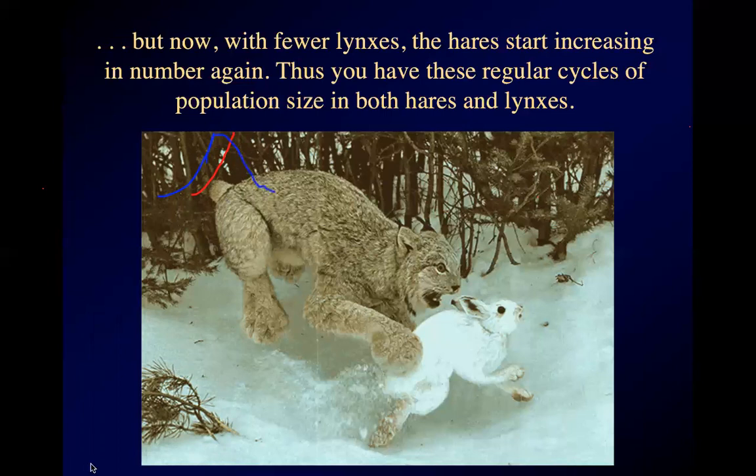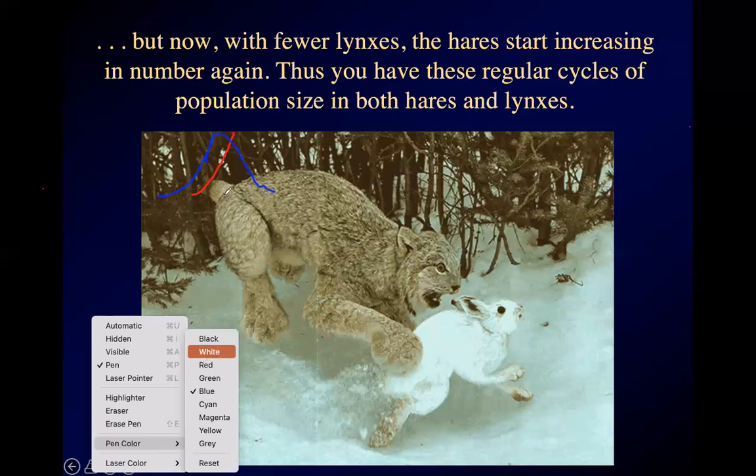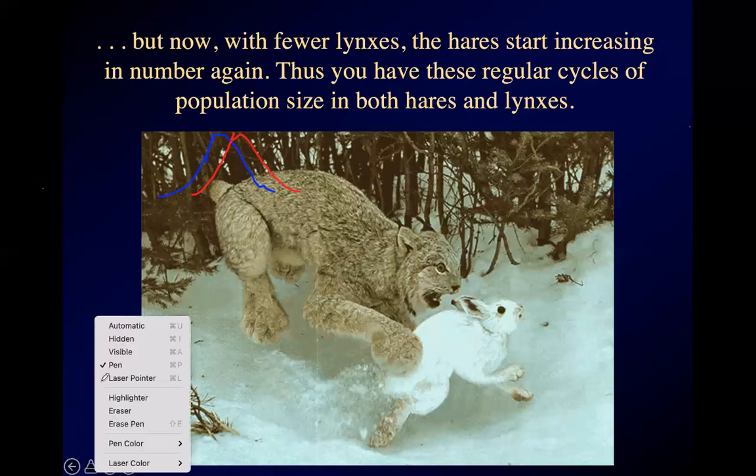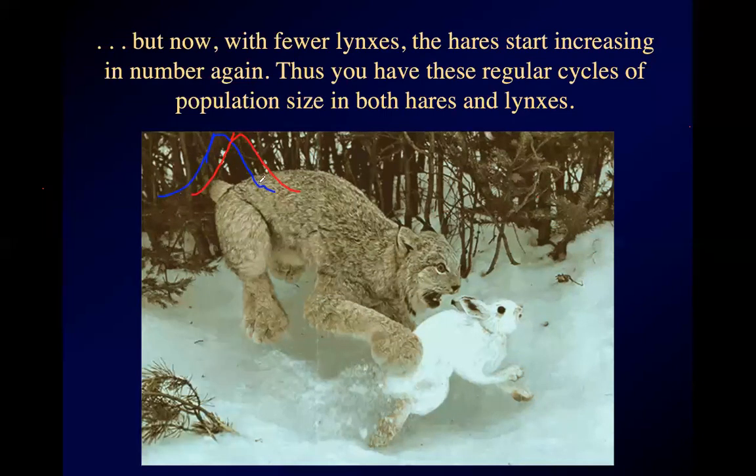But once the bunny population is low, the lynxes start running out of food and they begin dying off. And so the lynxes become rare. But once the lynxes have become rare, the bunny population no longer has so many predators, so more rabbits survive and their population grows, and so on. And we get this natural cycle with the lynxes lagging the hares just a little bit. And that's how you can have two populations influencing each other in a community.